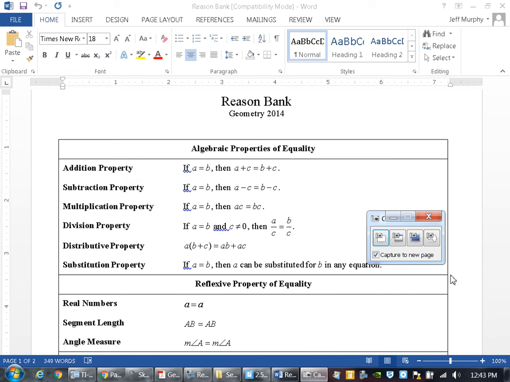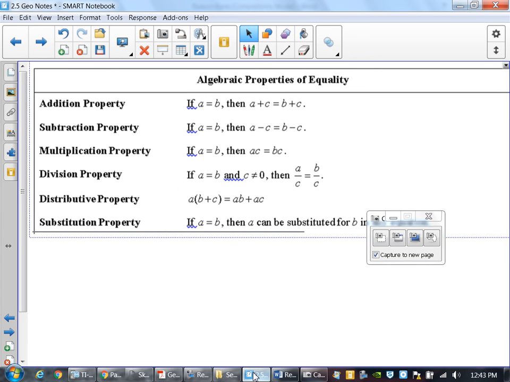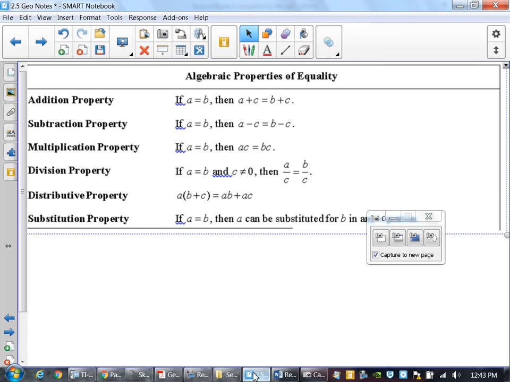And instead of writing out these properties, like addition property of equality, we abbreviate. And I want you guys to have the correct abbreviations, because if you don't use the right abbreviations, it's wrong. Okay? Do we have enough of them now?